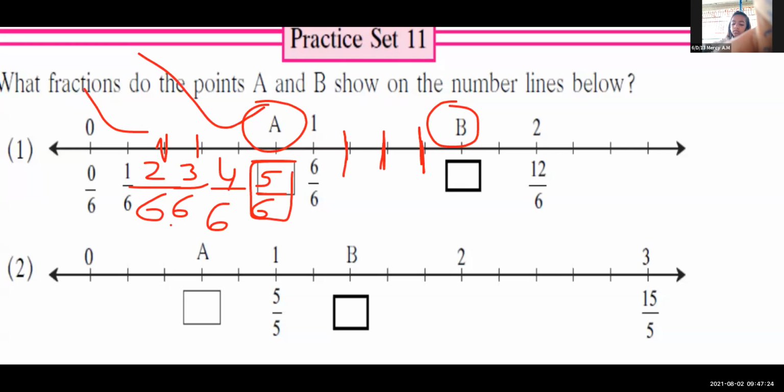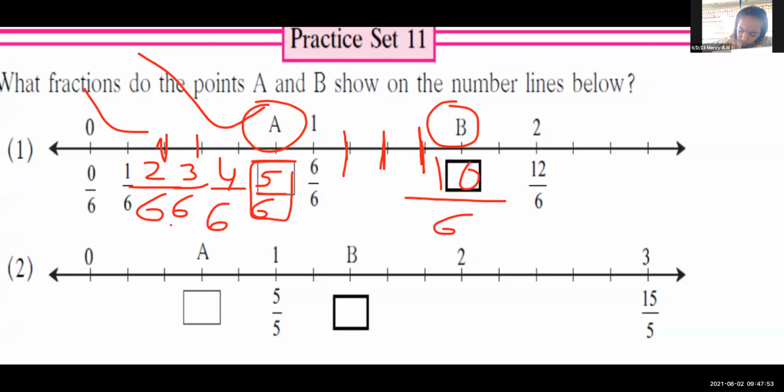Okay, now B will indicate which number, which fraction? Very good. B क्या होगा? 10 upon 6. B will be 10 upon 6. Clear? So they told us to give the answer of A and B. So A and B तक ही हमको find out करना है, आगे का नहीं करना है. Till A and B. I hope you people have understood the first sum.